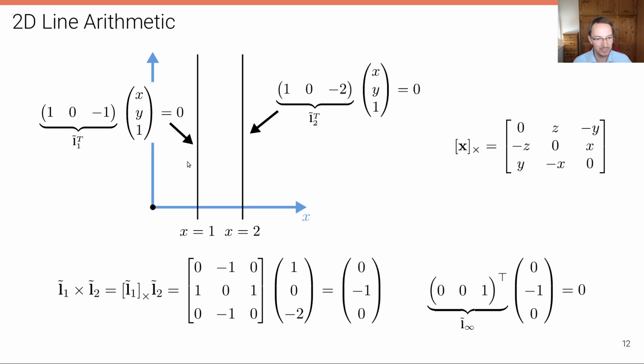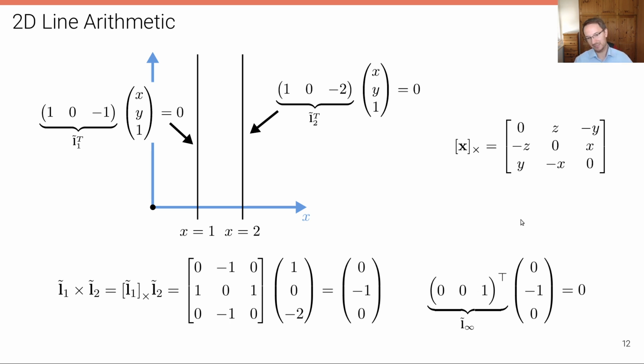So these two lines are indeed intersecting at infinity because the last element is 0. It is an ideal point. The outcome of this operation is an ideal point. And we can also take the line at infinity and multiply this with the point at infinity and verify that indeed the inner product between these two is 0. So in other words, the point at infinity does actually lie on the line at infinity.